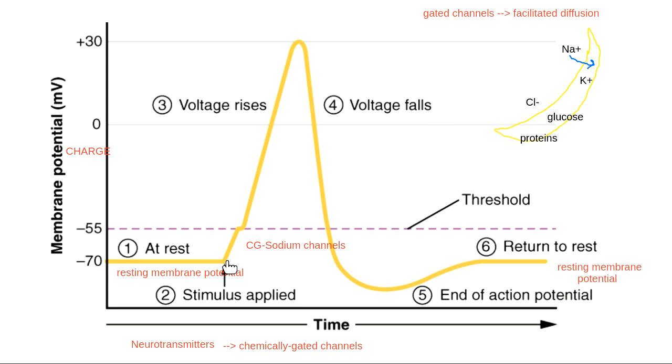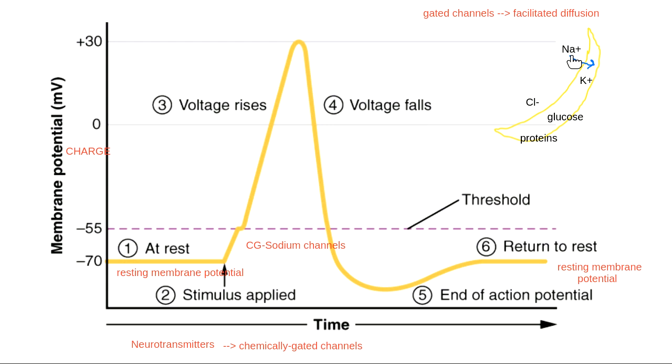A cation is an ion that has a positive charge. When we talk about chloride, that's an ion with a negative charge. That's called an anion. I'll type that in chat for us, an anion. Sodium is a cation. It has a positive charge.